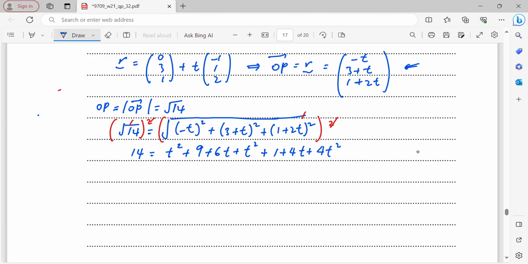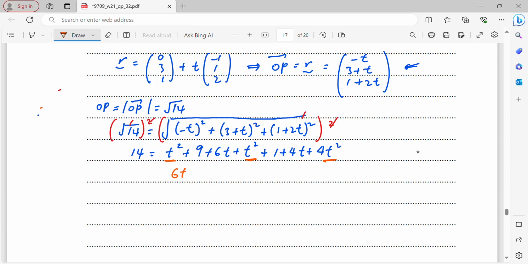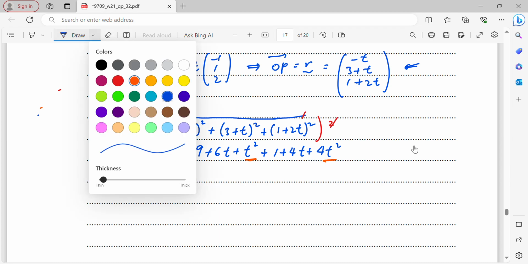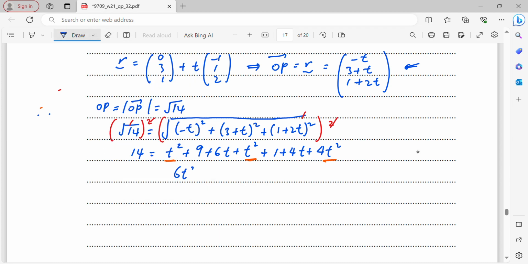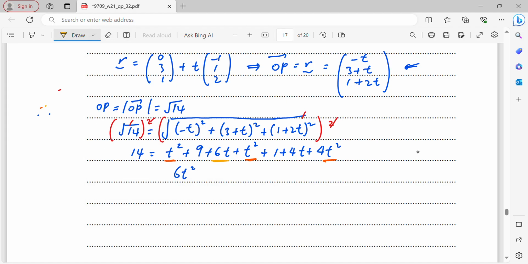So now I will simplify all the terms. Look at here, 4t squared plus 1t squared plus 1t squared, total 6t squared. Then next is 6t plus 4t, that means it's 10t. Then lastly, 9 plus 1 is 10.